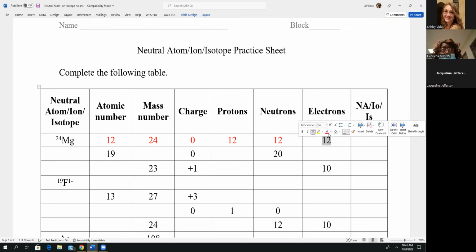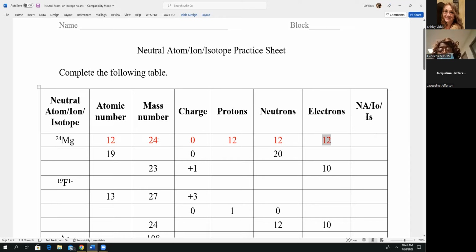Now the next thing is to figure out if this element we're writing in here is a neutral atom, an ion, or an isotope. How do we know that? Well, if we have no charge, it's not an ion. If the electrons are the same as the protons, then no charge, so it's not an ion.